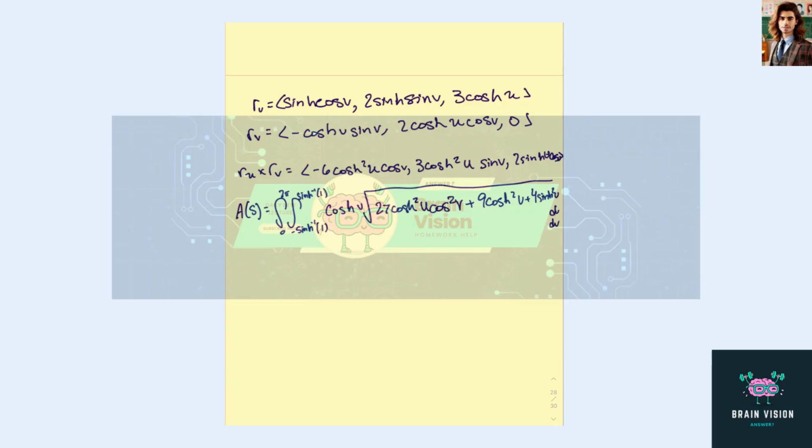And that's our final formula for it. We don't have to evaluate this, so this would be our integral as a result.